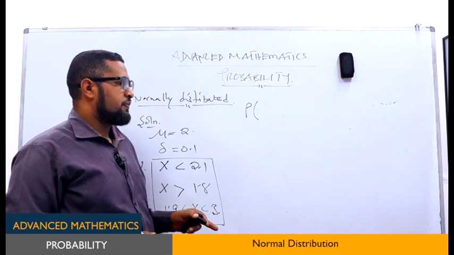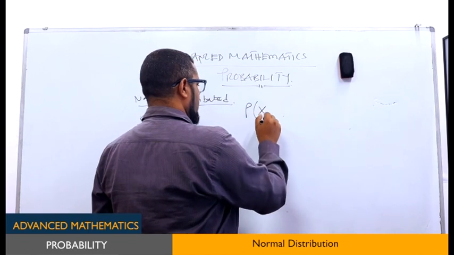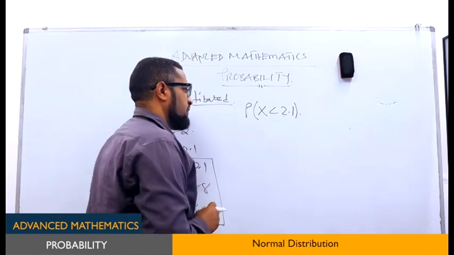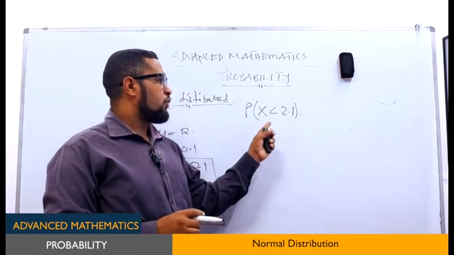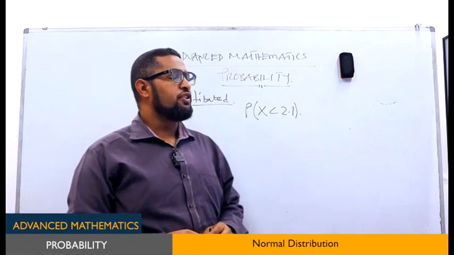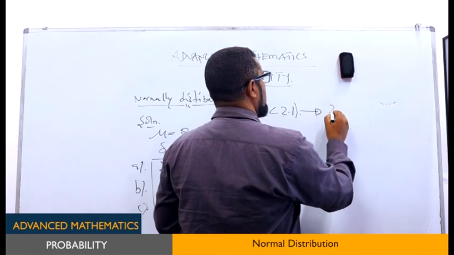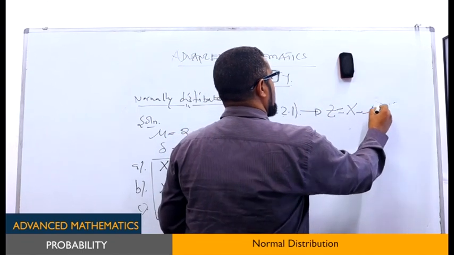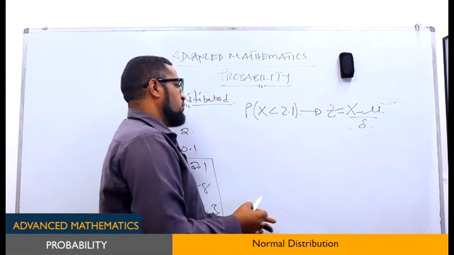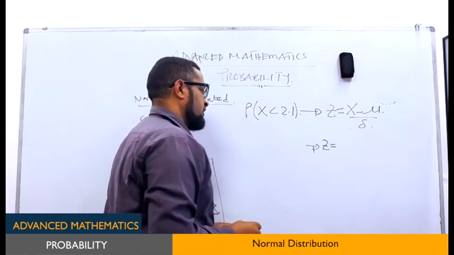Number 1 will be x less than 2.1. But remember, this is distributed in the standard normal distribution, in which z is given by x minus mean divided by standard deviation. So you may simply write z equal to, what is our x?